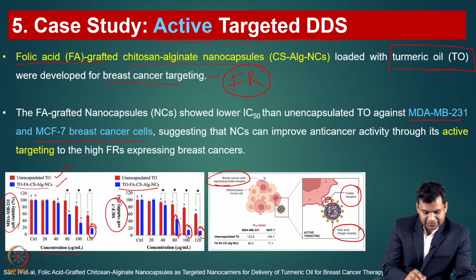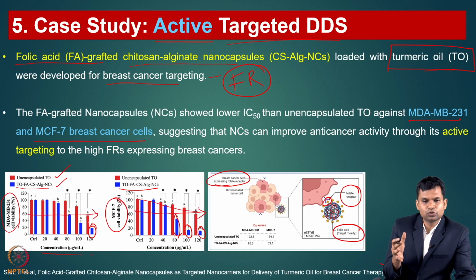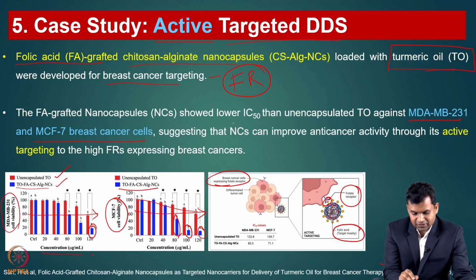Cell viability is decreasing, whereas with unencapsulated oil you can see it only goes down to about 50% here and 60% here. So, there is not much effect, whereas the IC50 value for the targeted oil is very low. That is very important for the targeting.